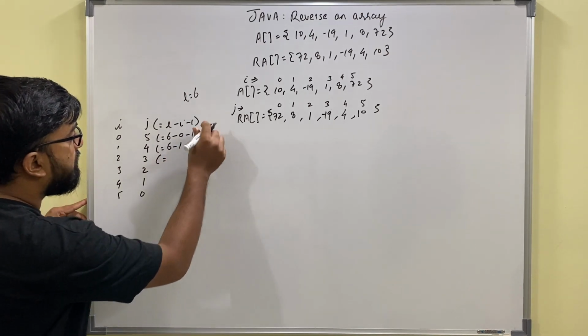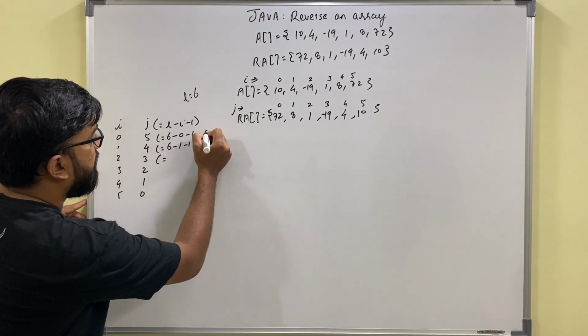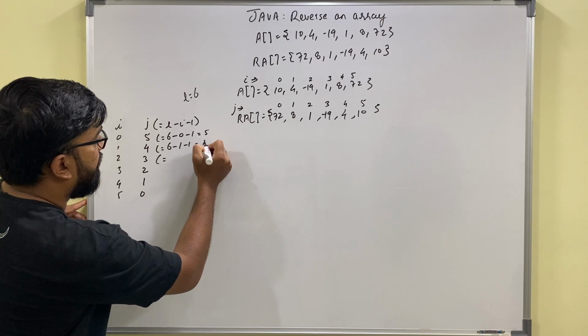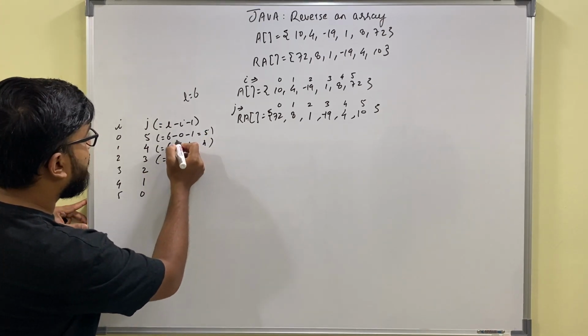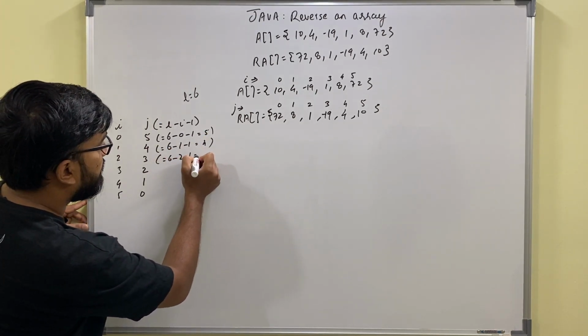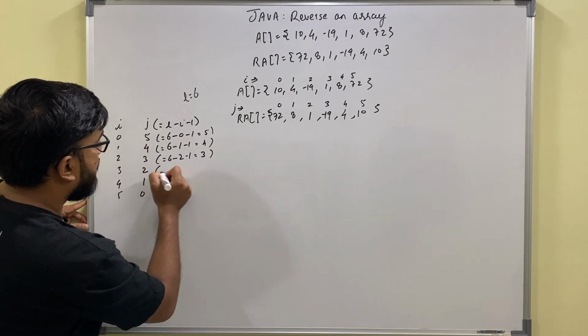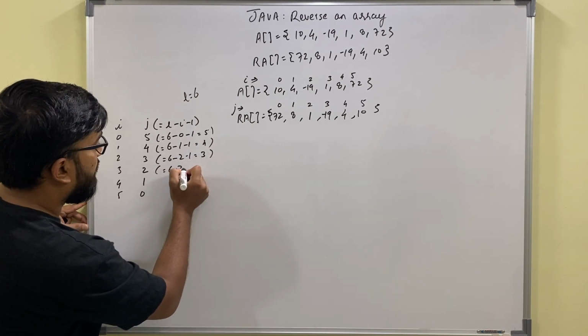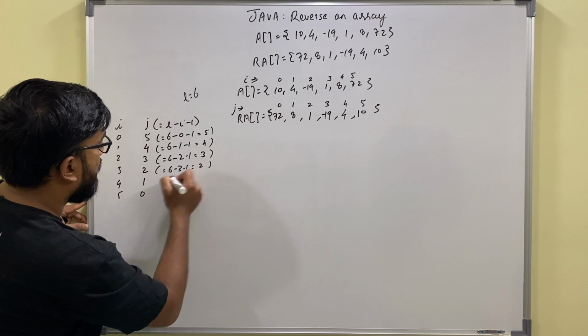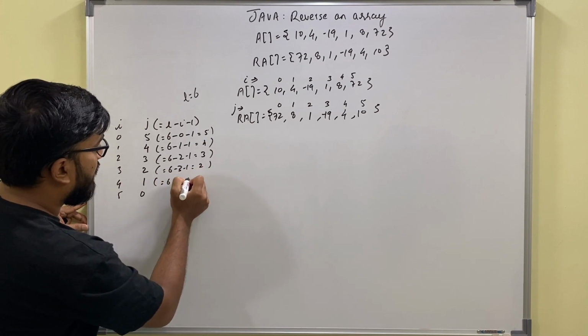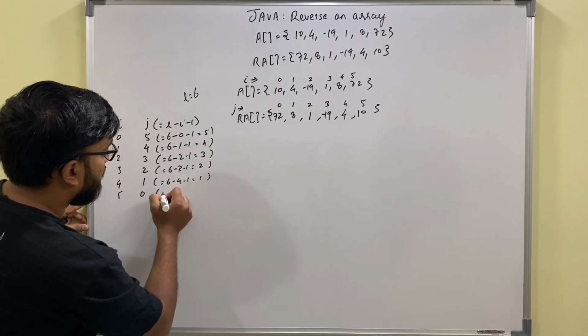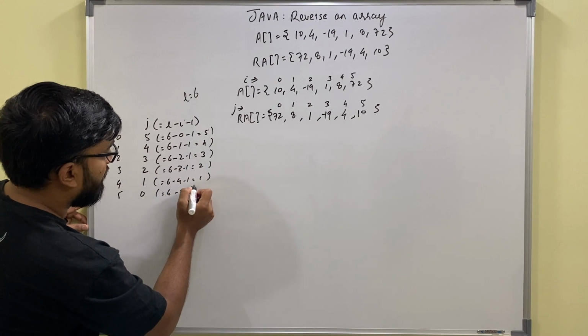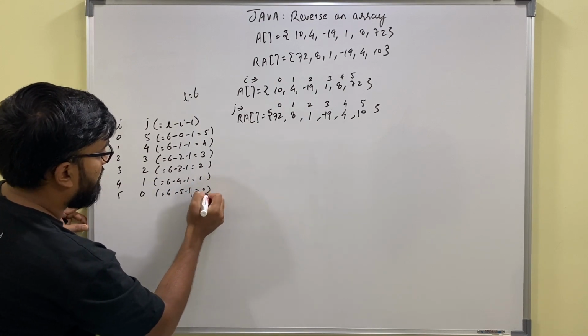For i equal to 2, it is 6 minus 2 minus 1, which is 3. For i equal to 3, it is 6 minus 3 minus 1, which is 2. For i equal to 4, it is 6 minus 4 minus 1, which is 1. For i equal to 5, it is 6 minus 5 minus 1, which is equal to 0.